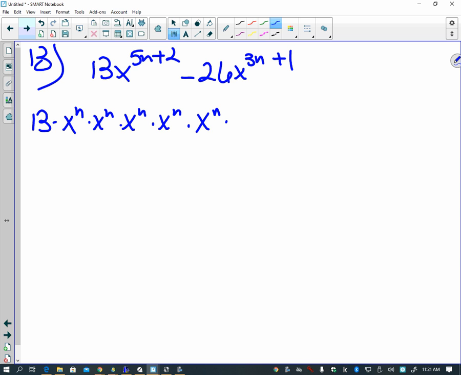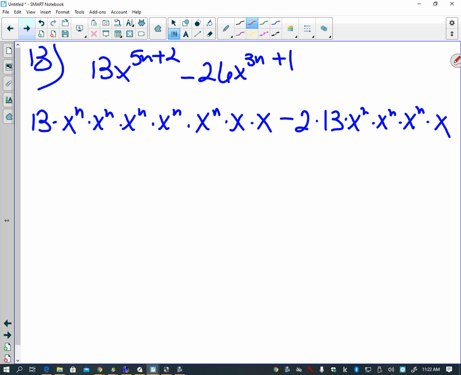And that x plus 2 is x and x, right? This is 13x to the 5n plus 2. Does that make sense? Now negative 26 is 2 and 13, and x to the n 3 times, and just a remaining x.